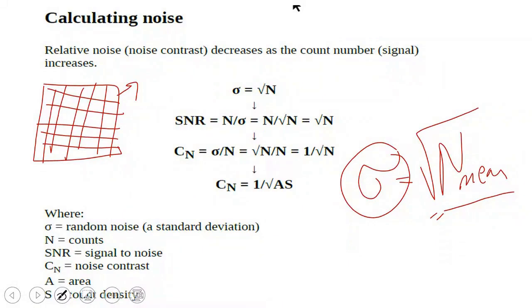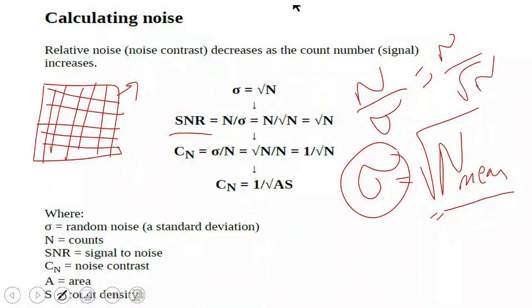This is what we call statistical noise. But what is the signal-to-noise ratio? The signal-to-noise ratio is about the signal versus the noise. The standard deviation is the square root of n.